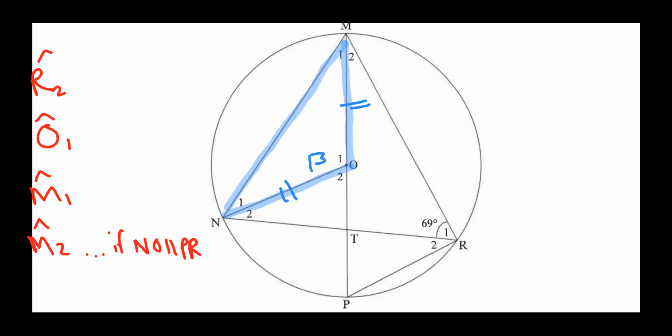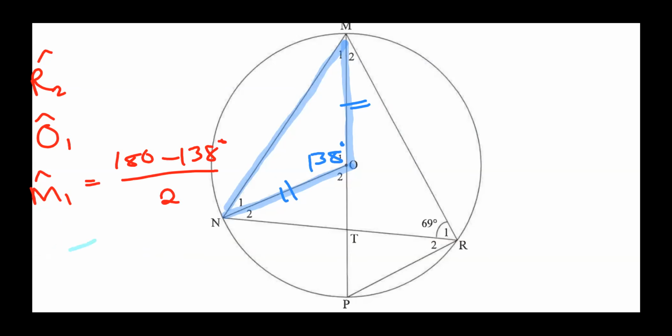Okay, so the remaining portion of the 180 just needs to be split in half. And so how we calculate that is we say 180 minus the 138. I think that's 42 degrees. And we split this in half, so divided by 2. And if I'm not mistaken, I think this is equal to 21 degrees. So N1 is also 21. M1 is also 21 degrees.